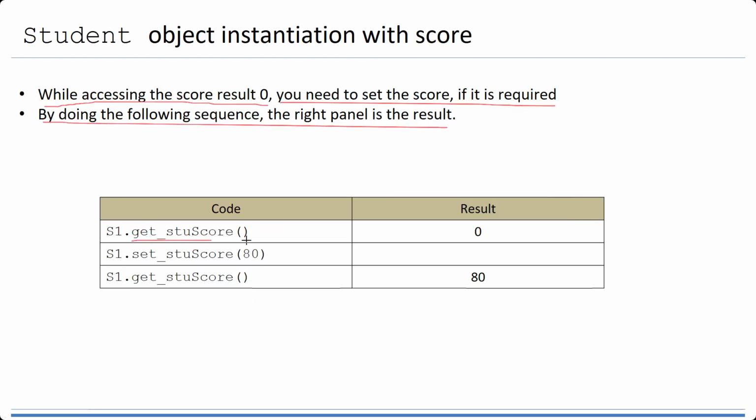When you call the student score at the first, it shows 0 because the initial value is 0. And now let's set the score. Let's set the score into 80. And then let's check again the score of the particular student, in this case S1.